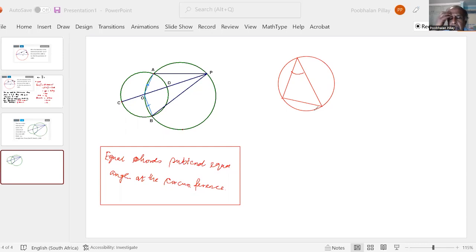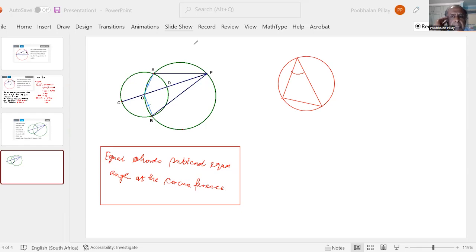So the way to find out the angle subtended by a chord, you start from one end of the chord, go up to the point in question, and go back to the other end of the chord, and there's an angle created, and that is the angle subtended by the chord. So this theorem says that equal chords, so if I take this chord here, and I ask myself, what angle does it subtend at the circumference?